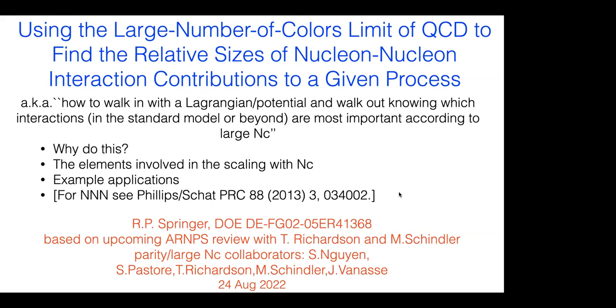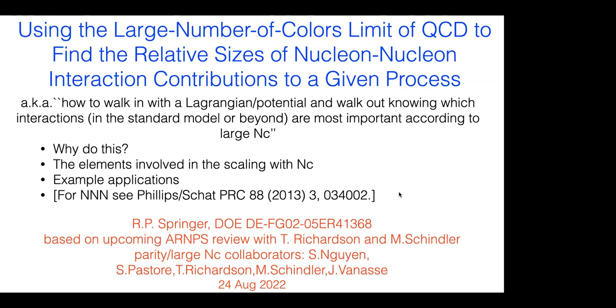So my goal, and I hope that through this talk, it's going to help us in writing the review, is to think through the best way to provide a roadmap for people who essentially want to walk in with their set of operators, whether it's a Lagrangian or a potential, and walk out knowing which ones, at least dictated by the large NC approximate symmetry of QCD, would be the dominant contributors to a given process.